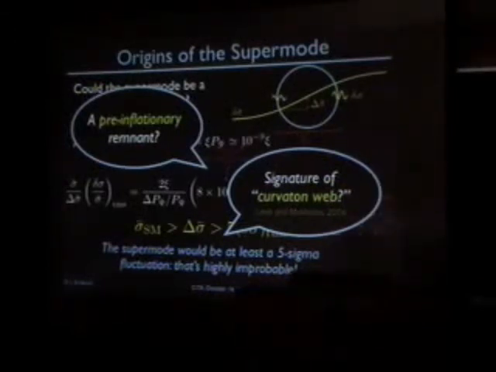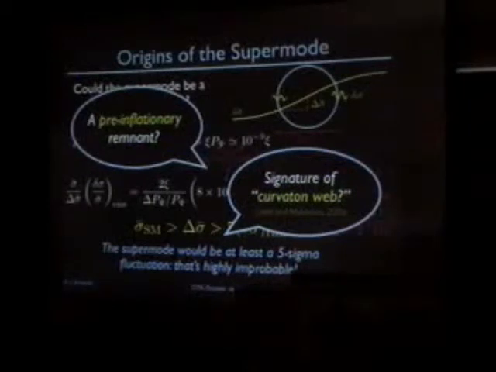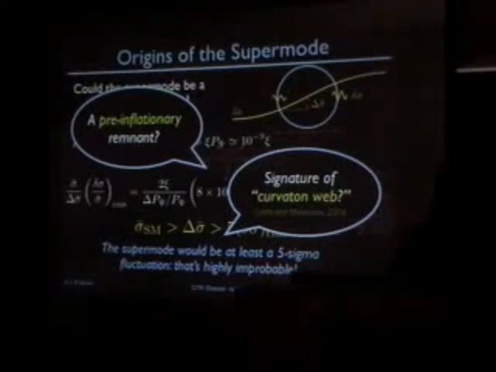Inflation shrinks the horizon, it re-expands it, and now it's again right outside our horizon. The constraint here is that this wavelength can be about 10 times our observed universe. That would, of course, require certain limits on the number of e-folds of inflation, but this could be a signature of some pre-inflationary remnant.